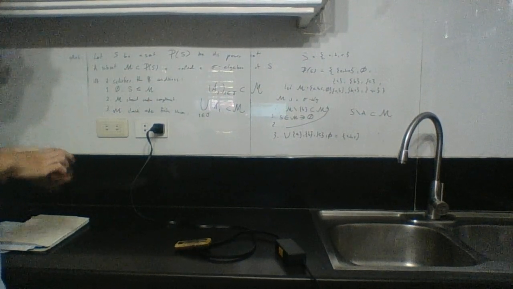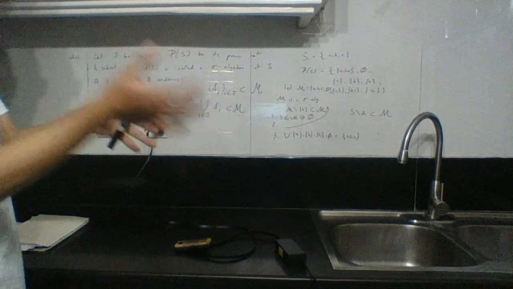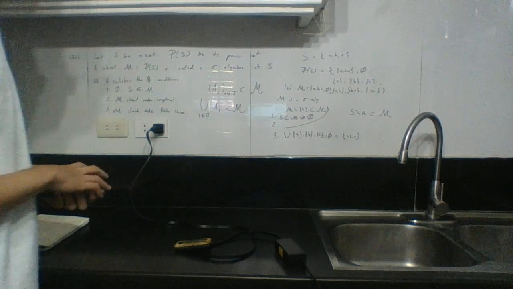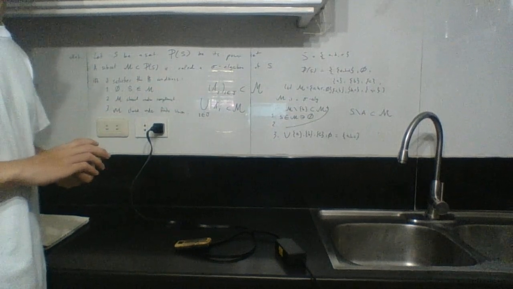And third, it is closed under finite union. So if I have a bunch of subsets inside my alleged sigma algebra, then it must hold that their union is inside the sigma algebra.